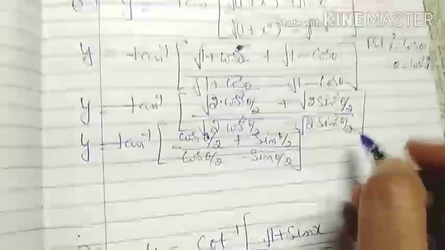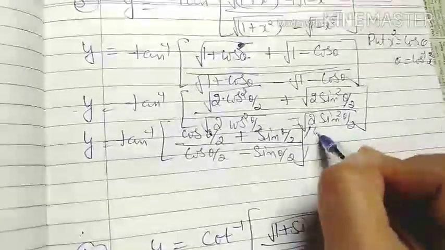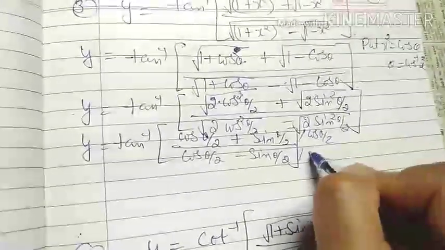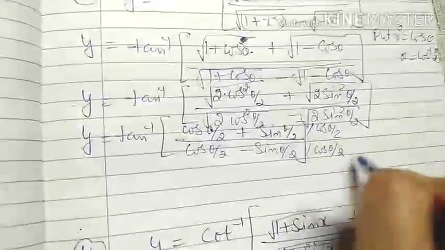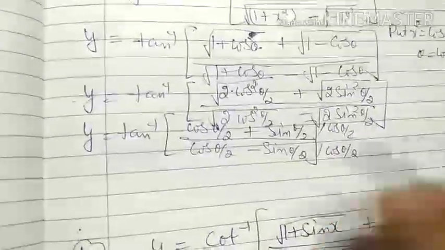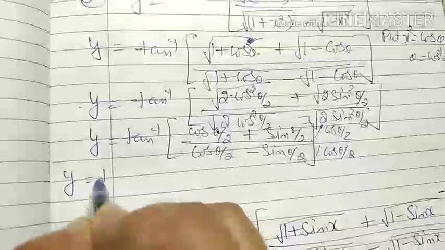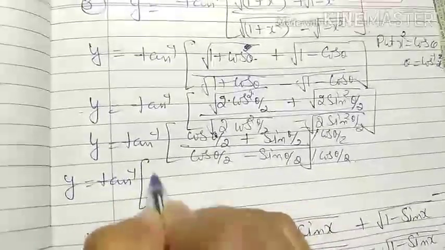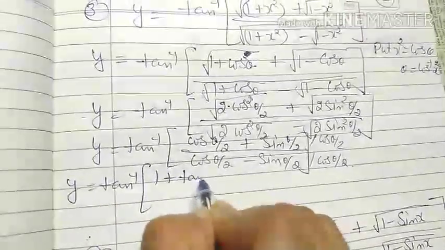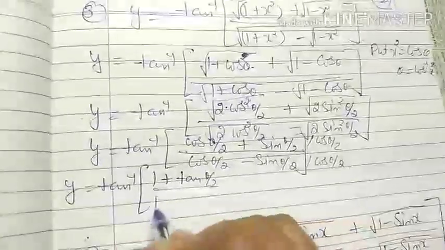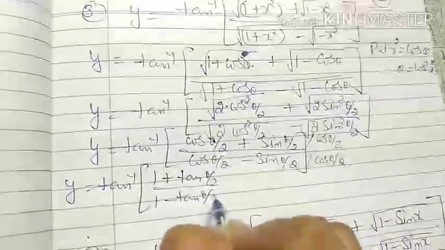We do the same thing that I did in your previous question. We divide numerator and denominator by cos theta by 2 to make it tan theta. So when we divide, I get y equals tan inverse of 1 plus tan theta by 2 over 1 minus tan theta by 2.